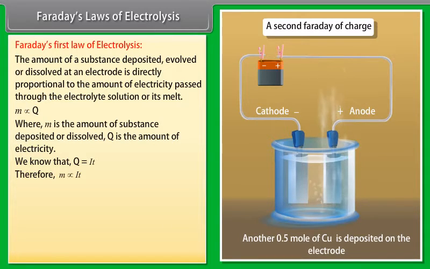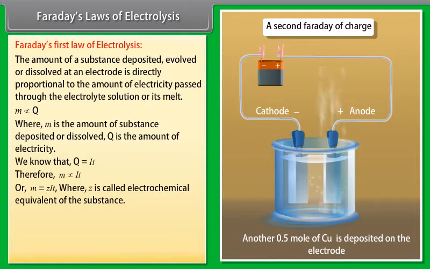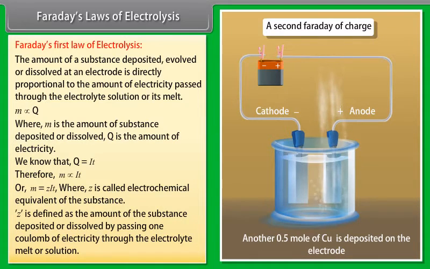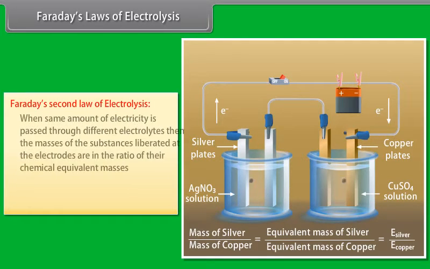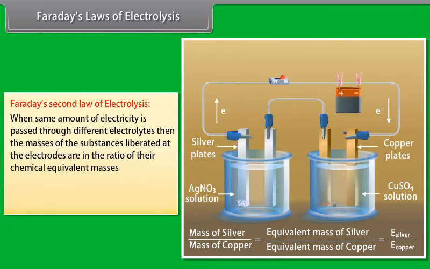We know that Q is equal to I times t. Therefore, M is directly proportional to I t. It can be written as M is equal to Z I t, where Z is called the electrochemical equivalent of the substance. Z is defined as the amount of the substance deposited or dissolved by passing 1 coulomb of electricity through the electrolyte melt or solution.